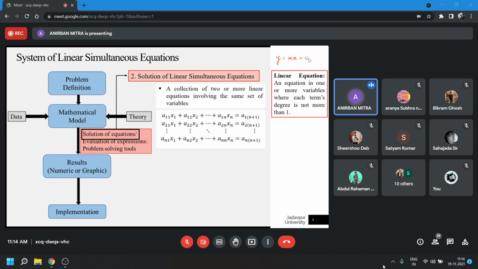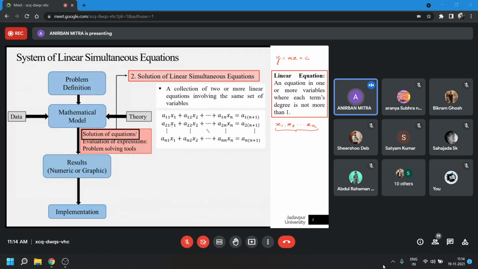So what we have here is n number of equations with n unknowns. The unknowns are obviously the same in all the equations. So x1, x2, going up to xn, these are the unknowns, and these unknowns are involved in this n number of equations. So same unknowns are present.